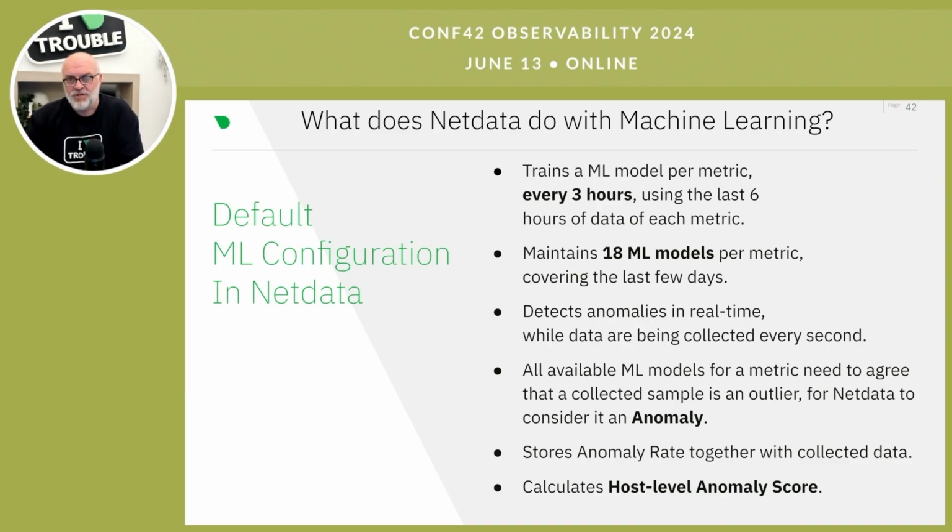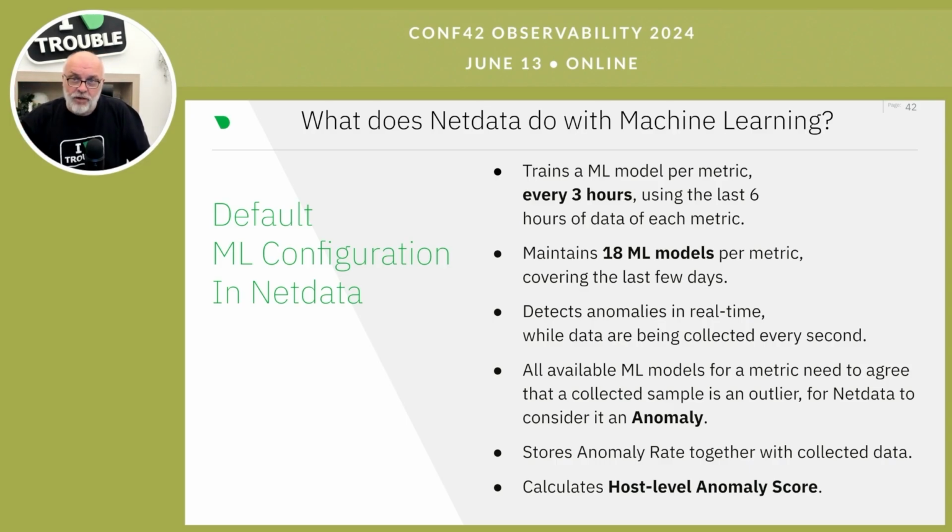So every time series has 18 models that are trained using its past data. Now, Netdata detects anomalies in real time. It uses these 18 models, and if all 18 models agree that a collected sample is anomalous, it is marked as anomalous.